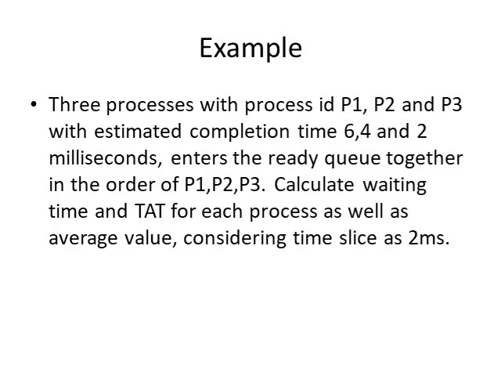That means we have to take P1 as the first process that has entered the ready queue, then P2 and then P3. We are supposed to calculate the waiting time and turnaround time, or TAT, for all the processes. Also we have to calculate the average value. Here the time slice that needs to be considered is 2 milliseconds.